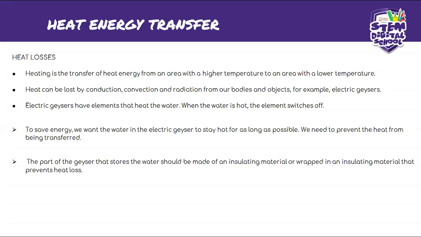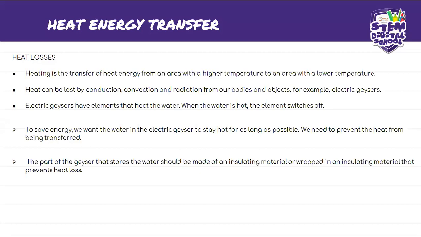Okay. So we have got energy transfer. Under energy transfer, we are going to look at heat losses. You know, there are some appliances that are not supposed to lose heat too much after they have warmed up something. When they lose the heat, it means you have to reuse your electricity to heat up.